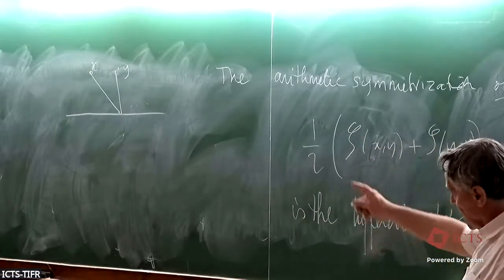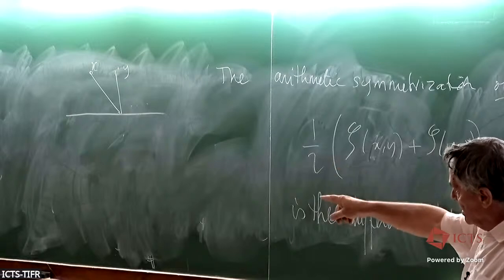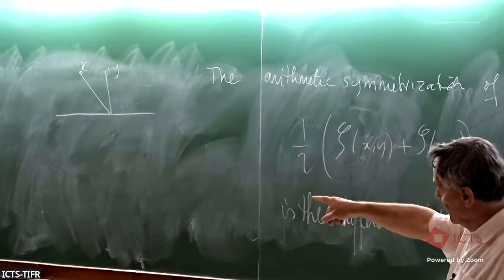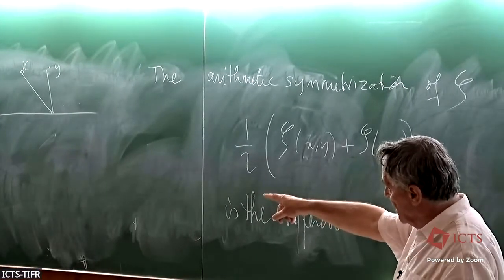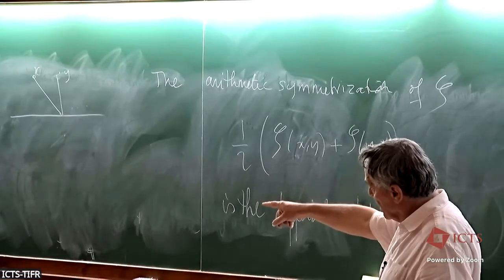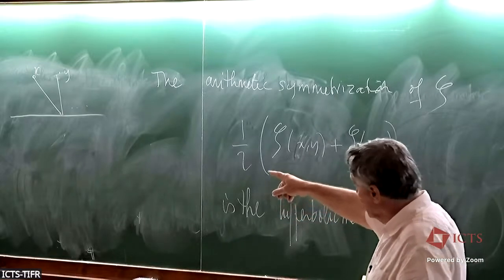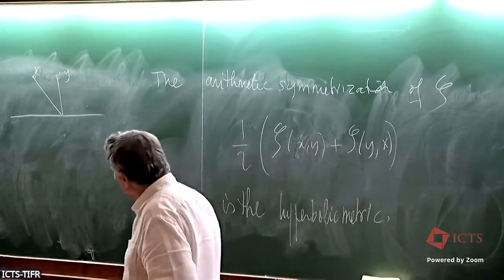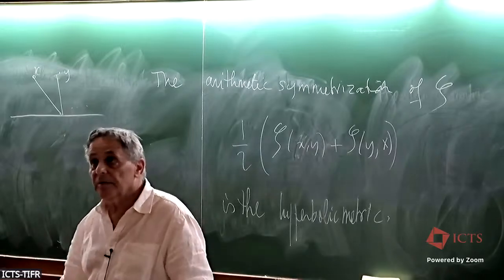So you can ask questions about the geodesics of this Thurston metric of the upper half plane, and it's a theorem, in fact, that the geodesics of this Apollonian metric of the upper half plane are the hyperbolic geodesics.